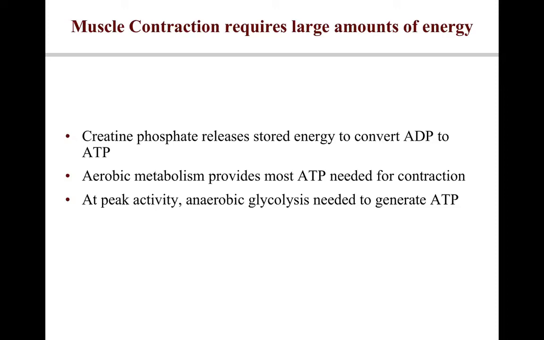The demand for ATP in the contracting muscle fibers is so high that it would be impossible to store all of the energy that is required in the form of ATP.